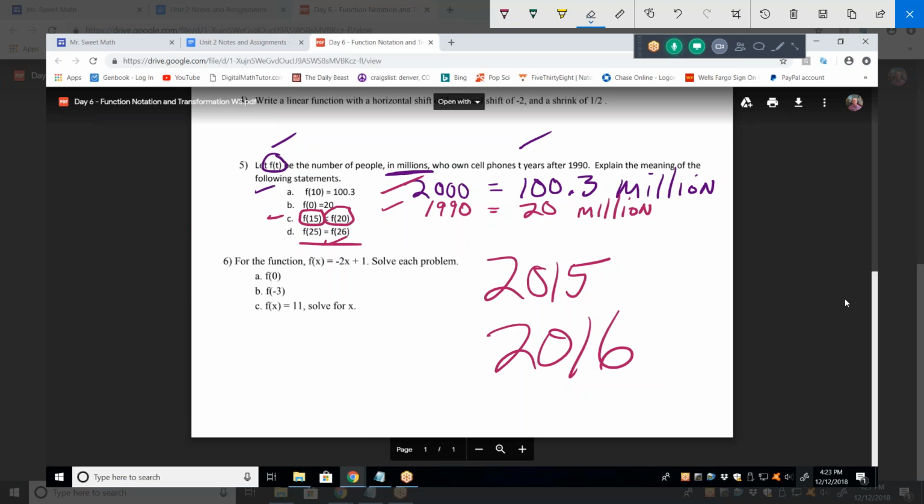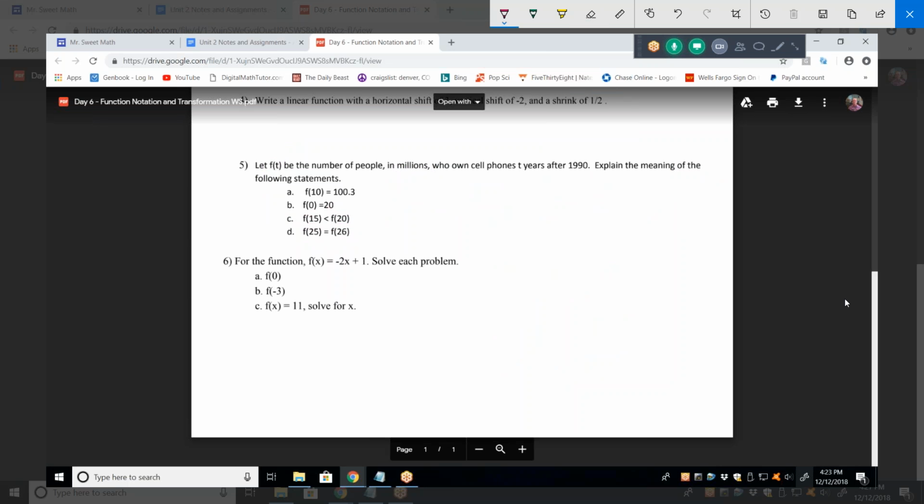Okay, real quickly, let's do the last one. When you see an f function, and then you see something in the parentheses, all you do is substitute whatever's in the parentheses for x. So what is f of 0? -2 times 0 plus 1, which is 1. Good. What is f of 3?